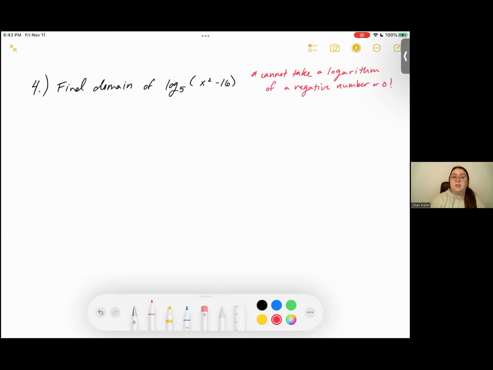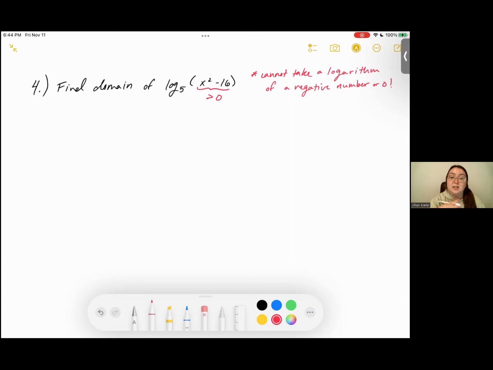So you cannot have a logarithm of 0, and you also cannot have a logarithm of a negative number. So really what this means is that if we want to find the domain, we want to know when whatever's in those parentheses is going to be greater than 0, positive. So we would end up taking whatever we have in those parentheses and setting it greater than 0. And one thing here is that we do have log base 5. The base doesn't matter at all.